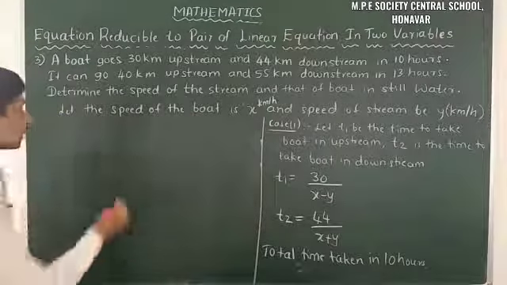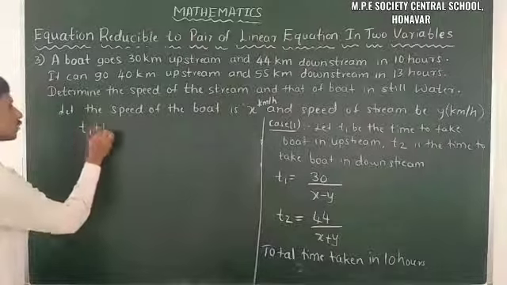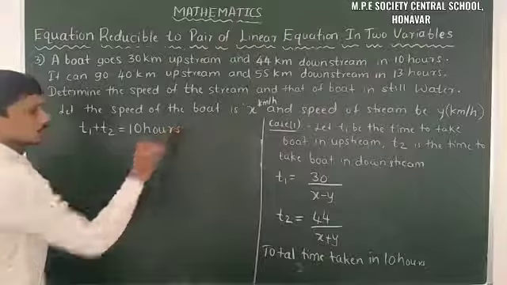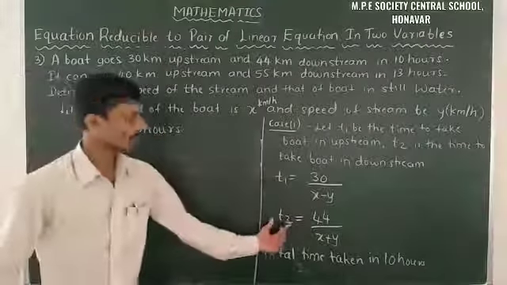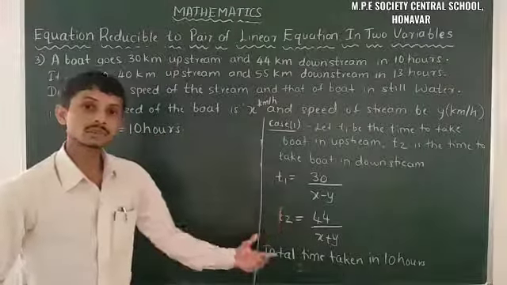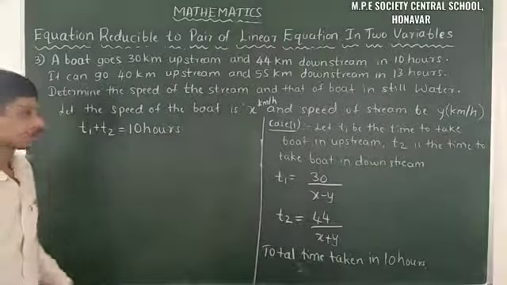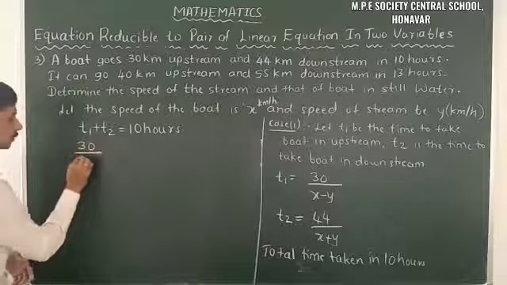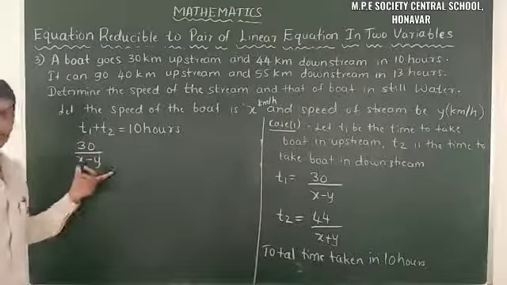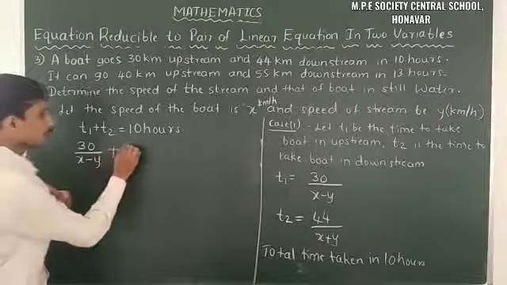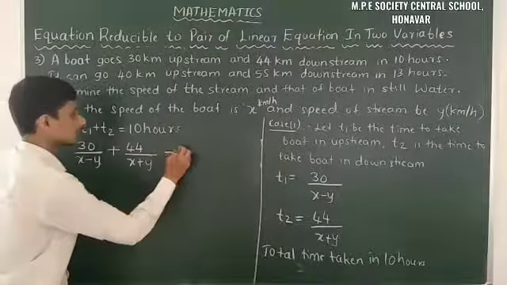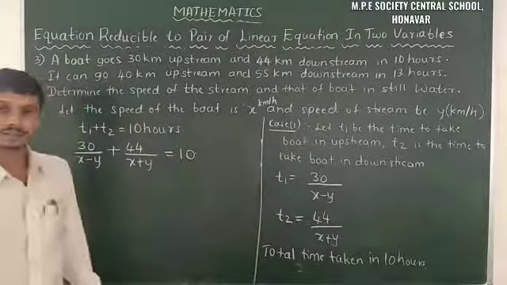Here T1 is there and T2 is there, so we have to substitute the values of T1 and T2. That is 30 by x minus y, first it is T1, then plus 44 by x plus y is equal to 10.